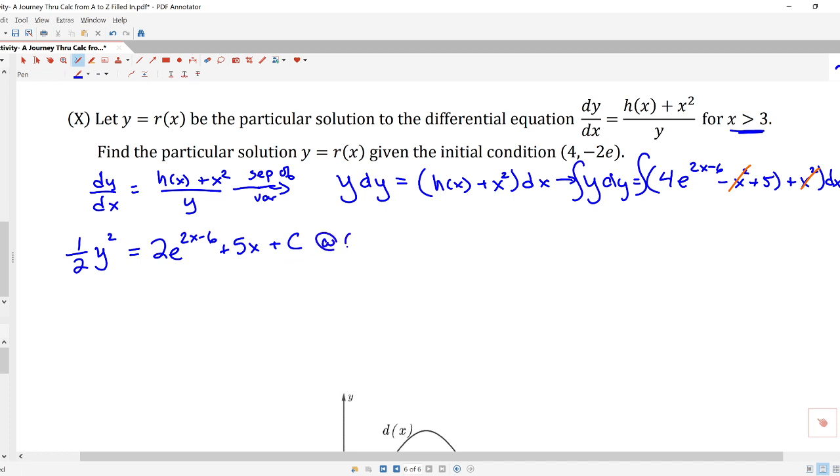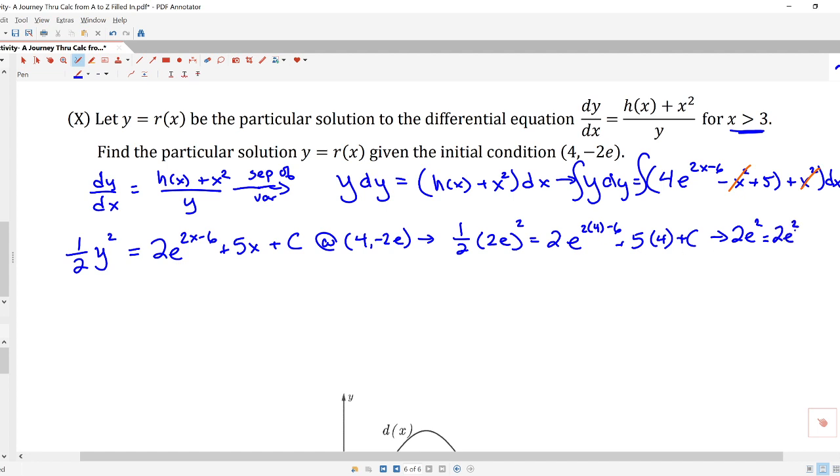Now, at the point 4, negative 2e, plugging in 2e for y and plugging in 4 for x, let's see here, 2e quantity squared is 4e squared divided by 2 is 2e squared, equals, on the right-hand side, 2 times 4 is 8 minus 6 is 2, so I get 2e squared.